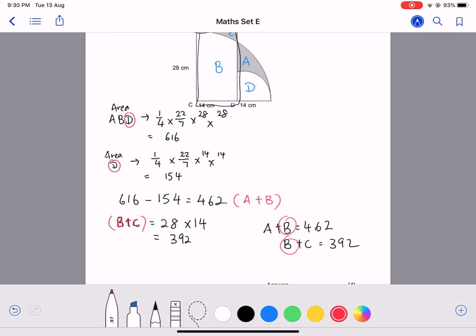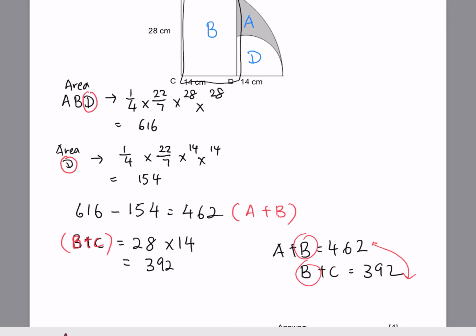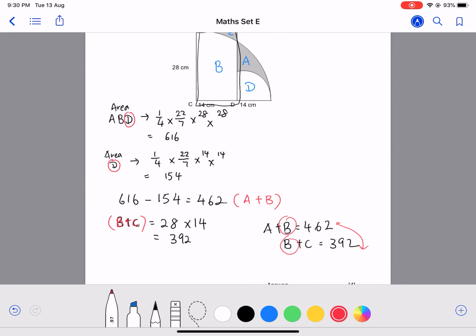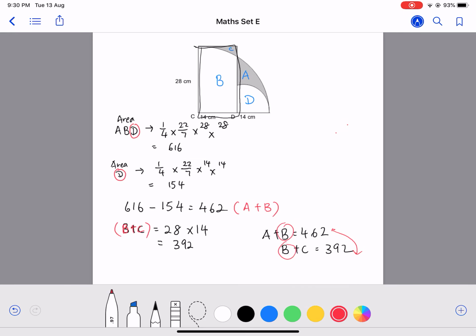If I take the difference of this and this, wouldn't it give me the difference of A minus C? Which is what I want to find also. Right, so 462 minus 392 equals 70. And that's the answer. A and C.